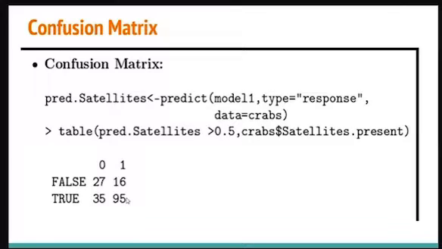True positive. Right here, I'm actually going to have true negative. In the diagonal, that's a correct decision. But if you take a look at false positive, false negative, in the left diagonal, that's a wrong decision.